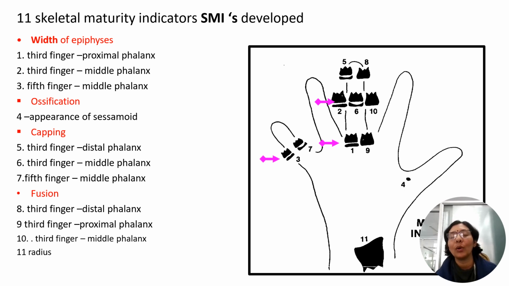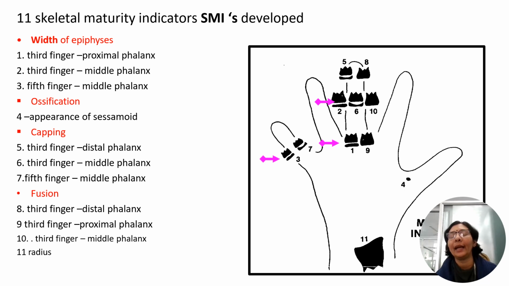Then capping, when we talk about capping, as you can see, this is a distal phalanx of the third finger. Then we have the middle phalanx of the third finger capping, and then we have a middle phalanx of the fifth finger that is having a capping, epiphysis capping the diaphysis. Now the next 4 categories will be within the fusion where, as you can see, this is a distal phalanx of the third finger, then there is a proximal phalanx of the third finger, then the middle phalanx of the third finger.